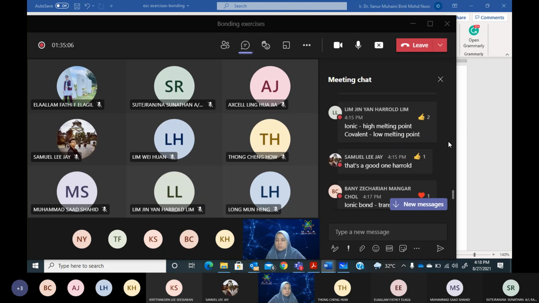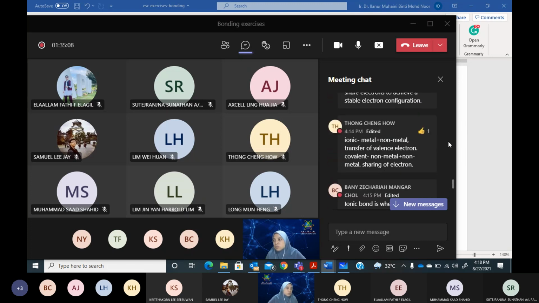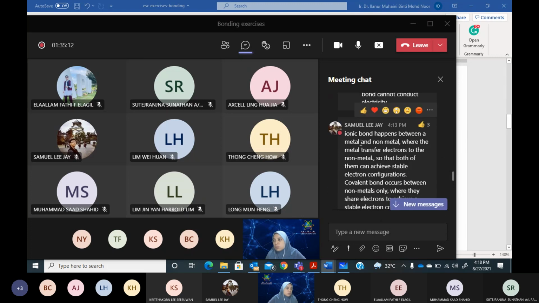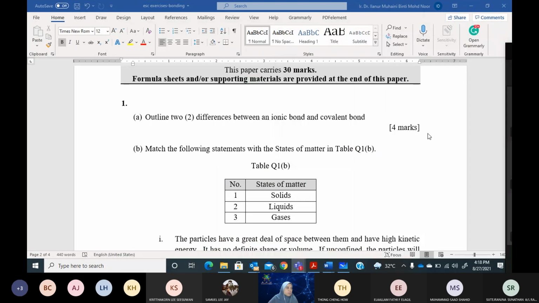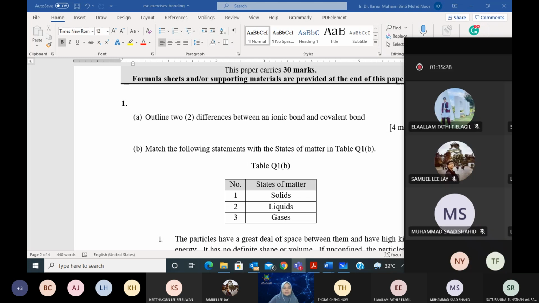Only 2 marks. The mark, see how many? The mark is 4 marks. So 2 points for each. Ionic 2 points. Covalent 2 points. Okay.